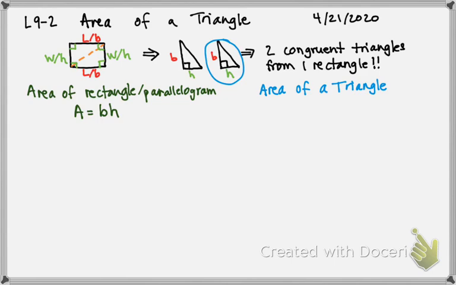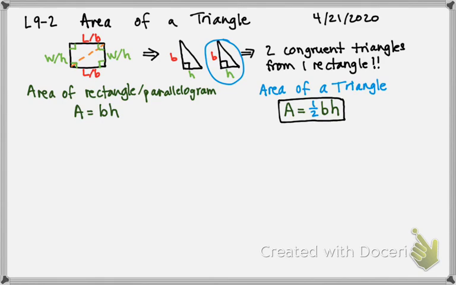So if I want to figure out the area of a triangle, it makes sense that I'm going to actually use the green guy. It's going to be the area of the rectangle, but I only want half of it. I only want one triangle, so that's the big deal, okay? So let me write that definition here. So this is the new formula for the area of a triangle. It's half that of the area of a rectangle.